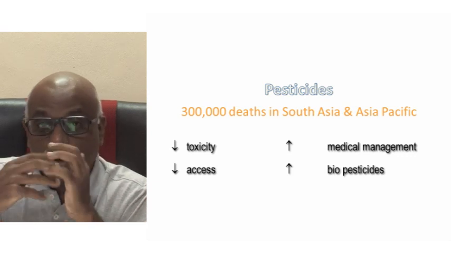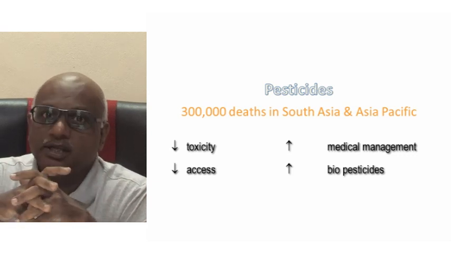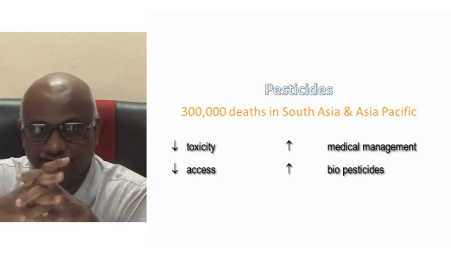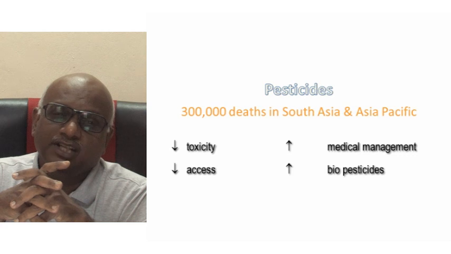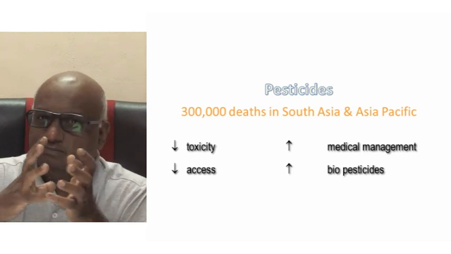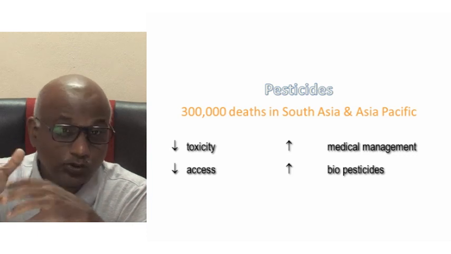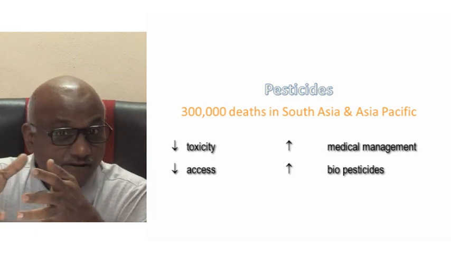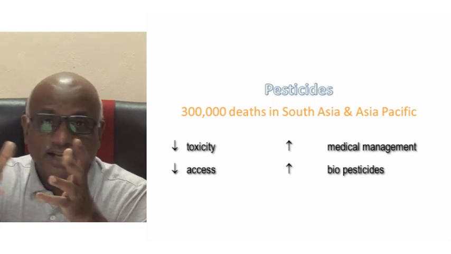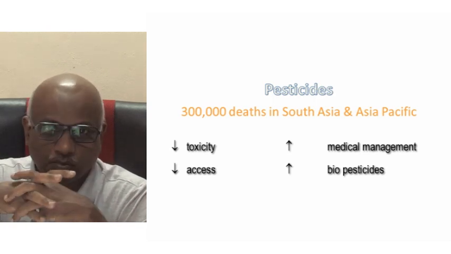Unfortunately, in Sri Lanka, the farmer lobby is very strong, and reducing access to pesticides is very difficult. Distributing pesticides through farm unions or registered farmers is one way of doing that. Now, anybody can go and buy pesticides openly in shops.